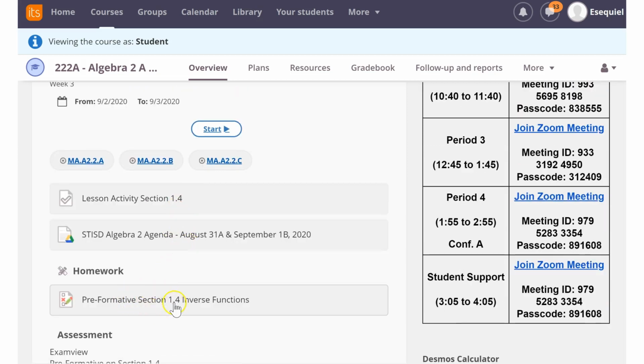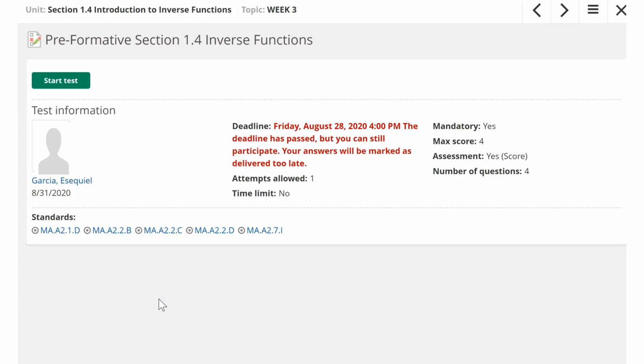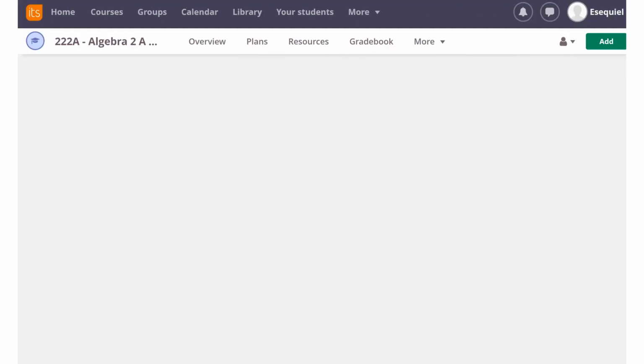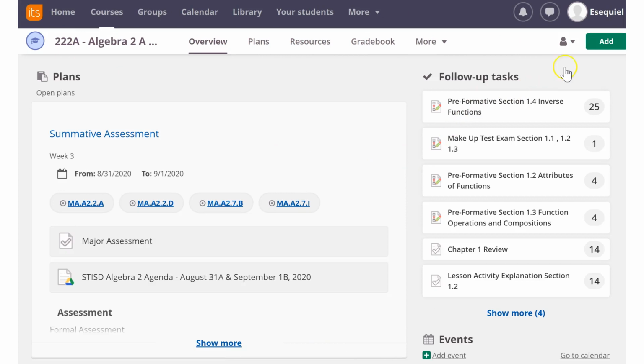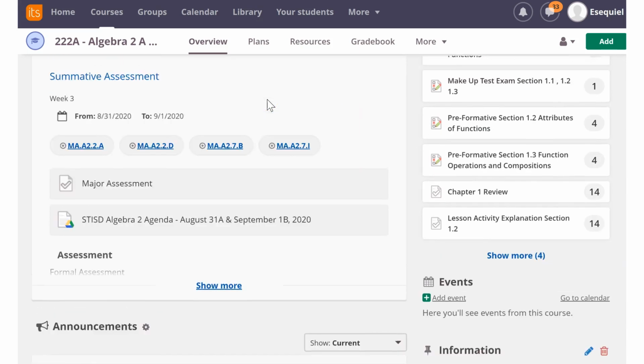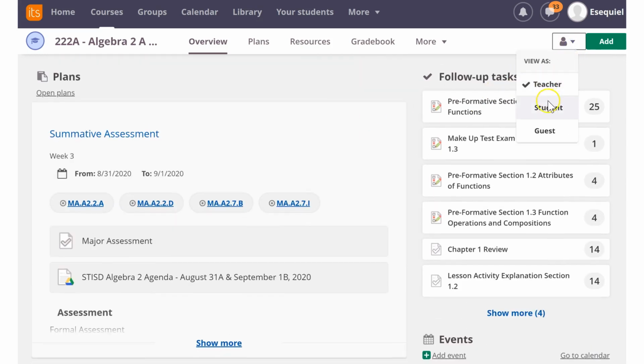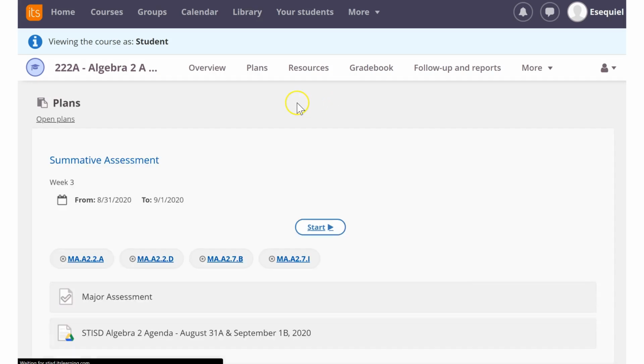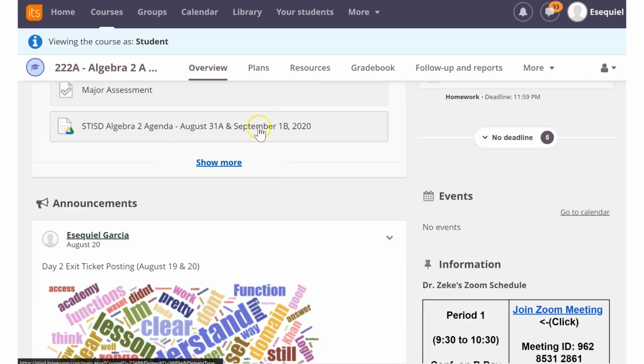You are going to do a formative. Remember, the formatives are participation grade. You click on it and you work on the formative. I'm going to change the deadline. I'm going to go back. You click on the date.